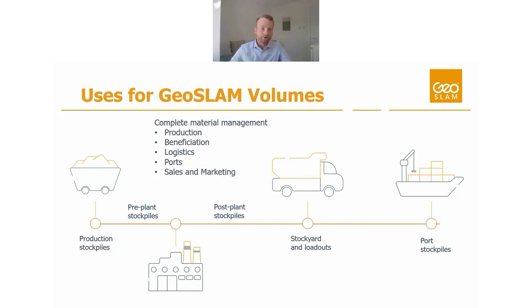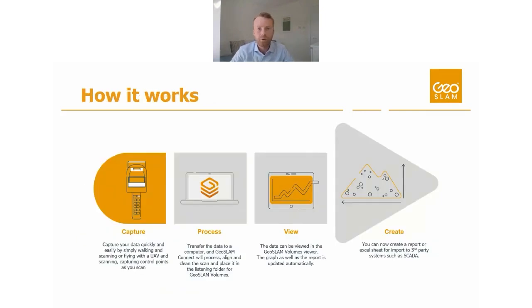So how does the GeoSLAM Volumes workflow run? Well, there's 4 steps to the GeoSLAM Volumes workflow. The first step is to capture the data, and this can be done simply and easily by capturing with your handheld laser scanner or by flying with a drone over your stockpile to capture the environment as you scan.